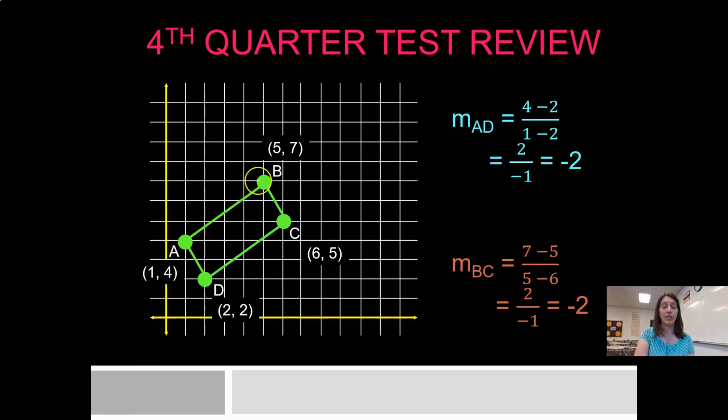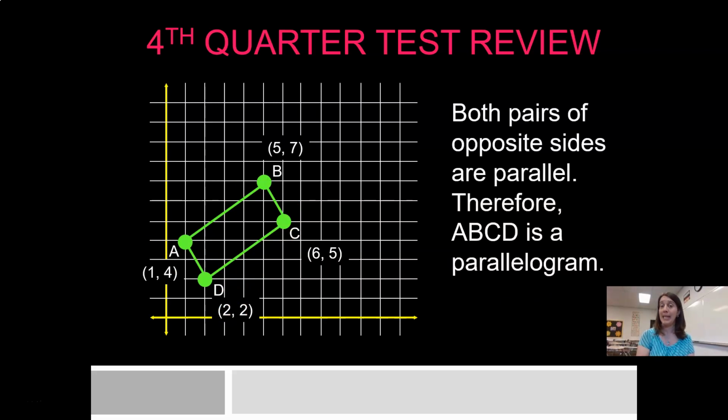So I just saw the top and the bottom had parallel pieces. The left and the right had parallel pieces. Is that what I need for a parallelogram? Yes. So I would say that both pairs of my opposite sides are parallel. They each had the same slope from the top and bottom, as well as the left and the right. Therefore, I can say yes, my shape ABCD is a parallelogram.